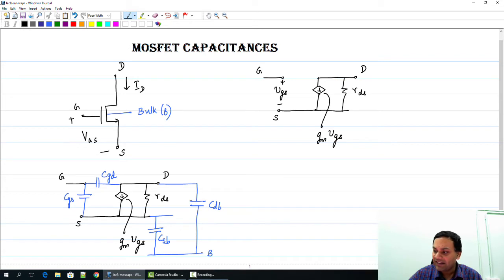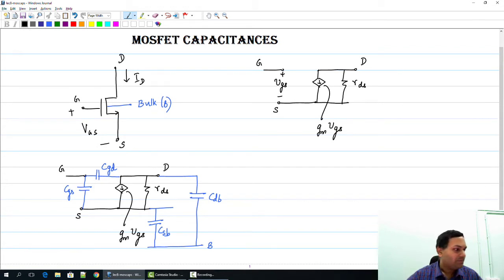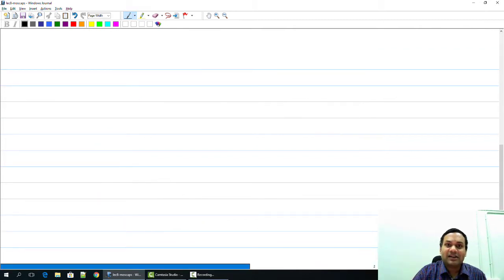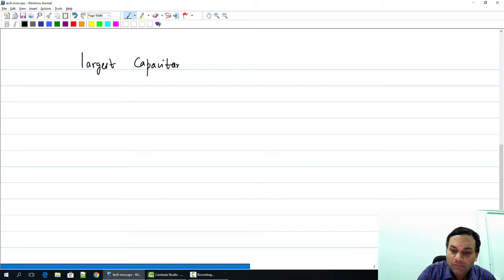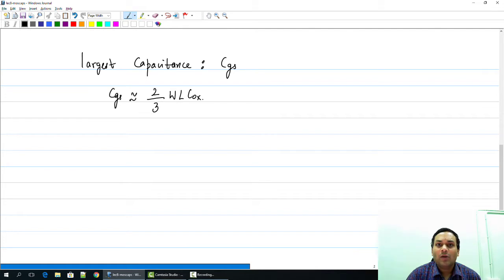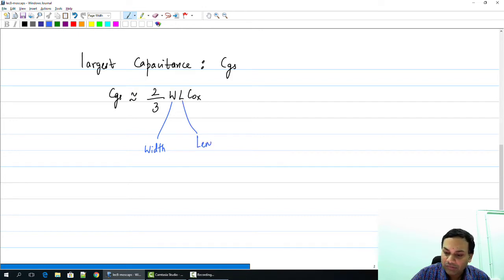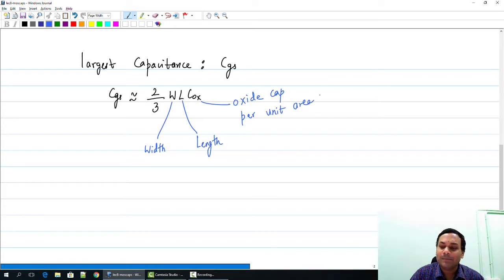The thing we need to remember is that the largest capacitance associated with the MOSFET is CGS, and in saturation this CGS is approximately equal to 2/3 W times L times Cox, where W is the width of the gate of the MOSFET, L is the length of the gate of the MOSFET, and Cox is of course the oxide capacitance per unit area. This is normally the largest capacitance associated with the MOSFET.